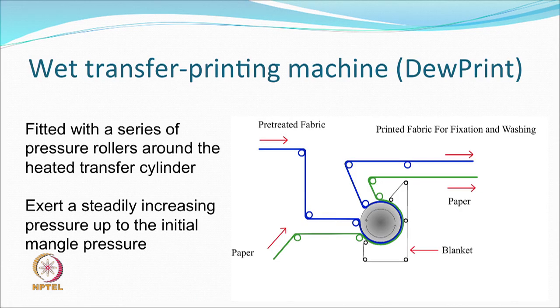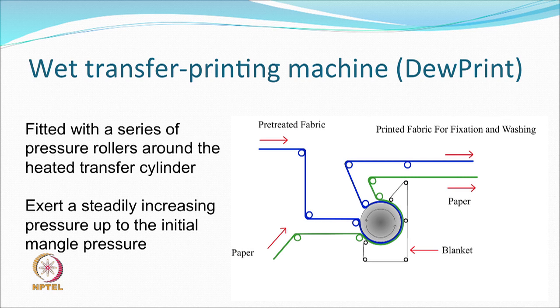So, this is the way they marketed this machine, and the important feature of that machine is a set of rollers. You see, it is the same kind of a roller which was being used for a continuous transfer of heat transfer, but then you had blankets, but instead of that this has series of rollers everywhere which were applying pressure, and this pressure was also continuously increasing from entry of the fabric to the exit of the fabric.